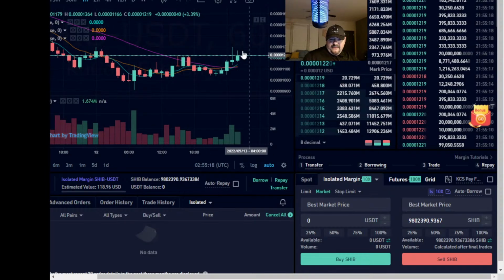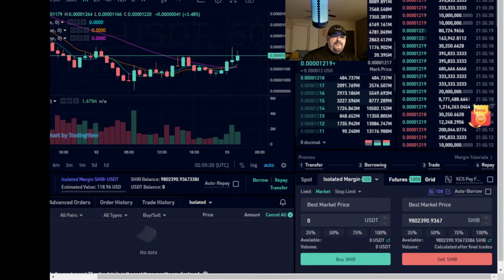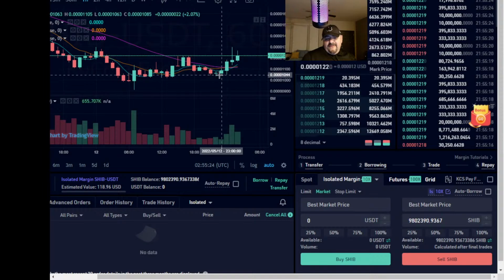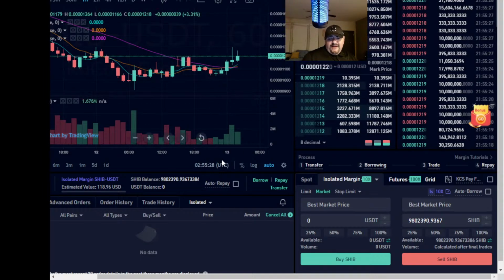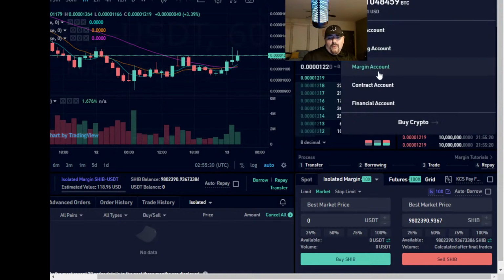It still looks like it's not making higher highs, so let me pull SHIB up. Normally I would close out and take my profit here because it fell down to the 0014. I'm at 10%, that's all I really want to make, my 10%, and I'm out. But it looks like it pushed up on me a little bit. I was up 15%.